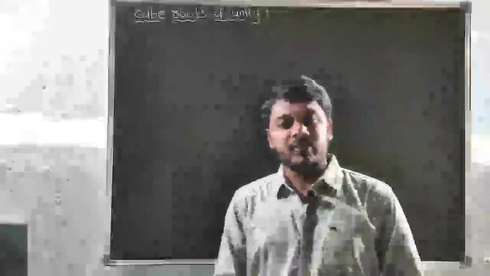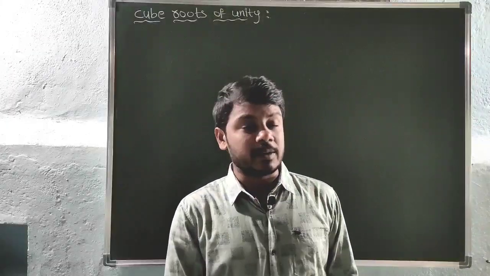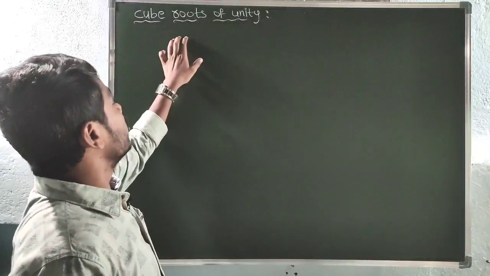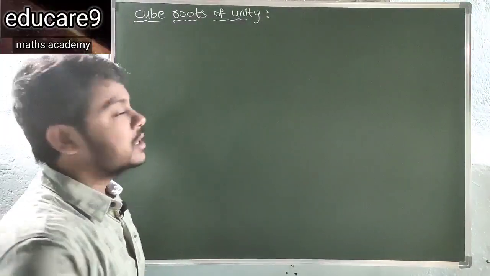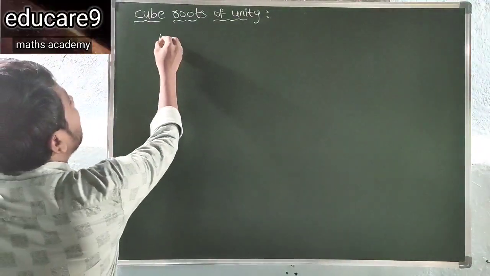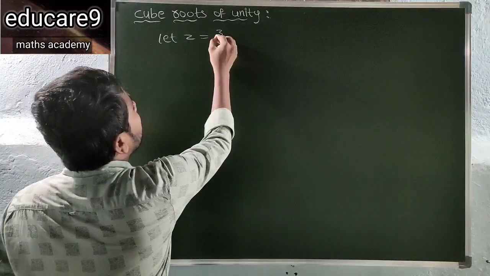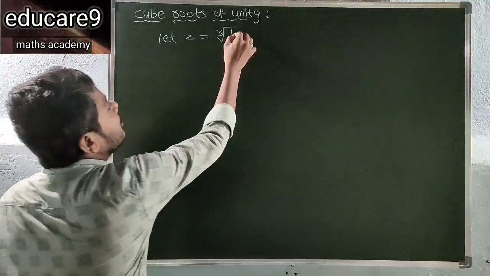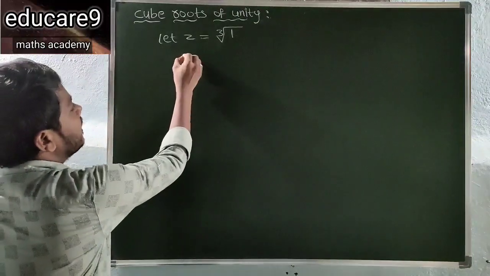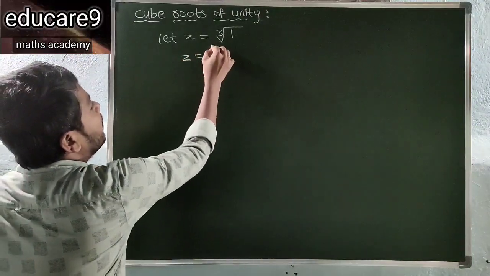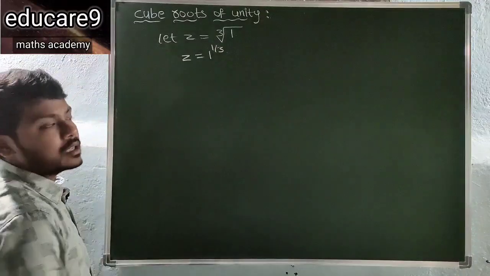Hi, hello everyone. For this session, we will discuss a new concept: cube roots of unity. First, let z equal the cube root of 1. So z can be written as 1 power 1 by 3.